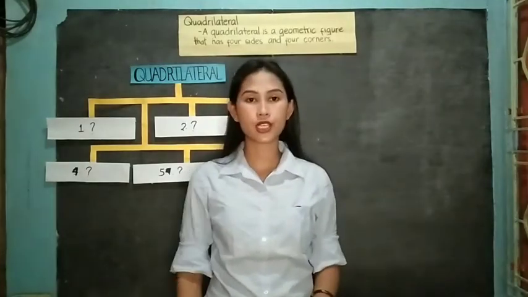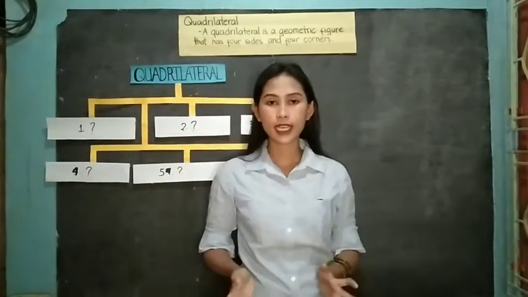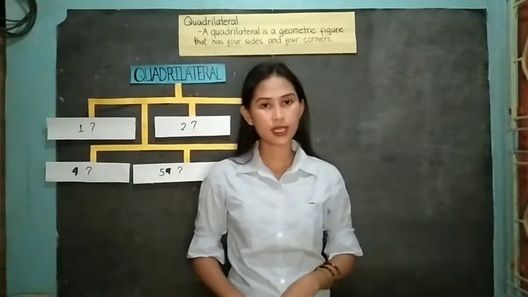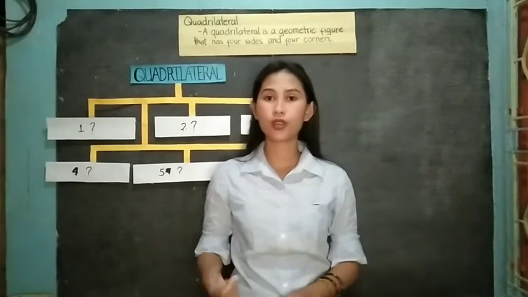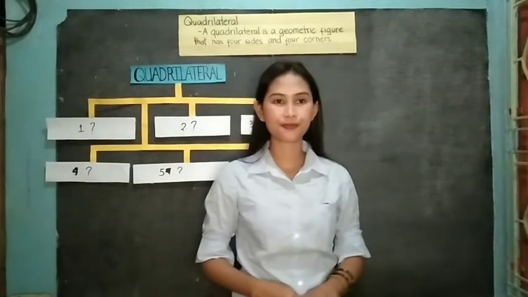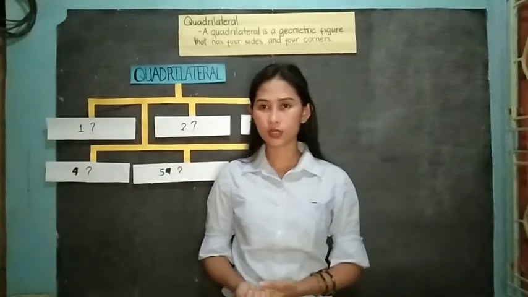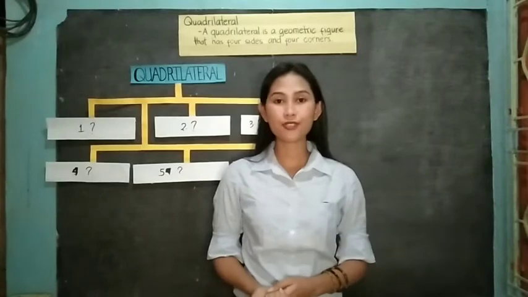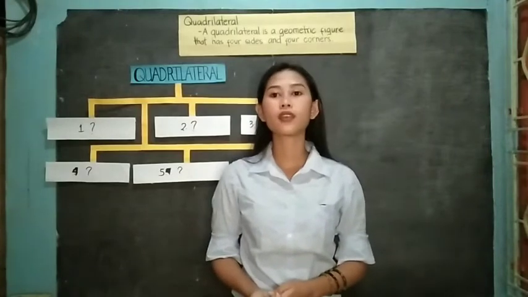For his first son, he said that it has 2 pairs of parallel sides. Who is he? 1, 2, 3. Everybody raise your answer. Very good. Everybody gets the correct answer.